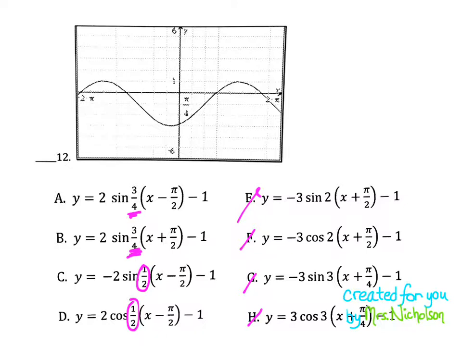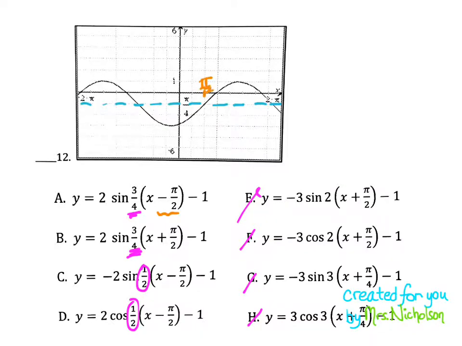I'm going to, again, mark the middle line because I always like to have the middle line. And now I'm going to look at the horizontal shift. And this time they're different. So let's start with A. The first one is minus pi over 2. That means right pi over 2. So I'm going to go right pi over 2, which would put me right here.